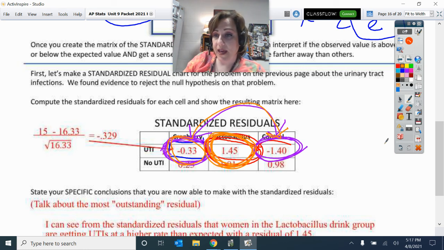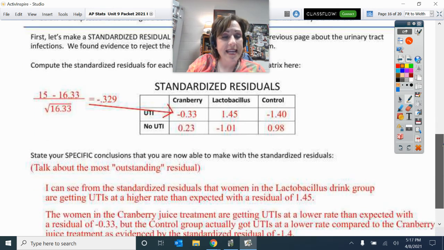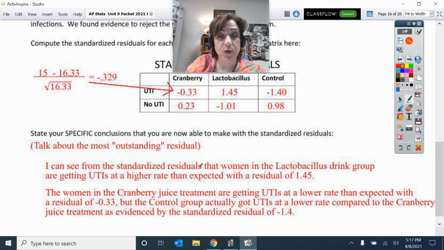Once we do all of that, we typically want to talk about our specific conclusion, and we're looking at the one that is most outstanding and meaningful. So here we say, I can see from the standardized residuals that women in the lactobacillus group are getting UTIs at a higher rate than expected.